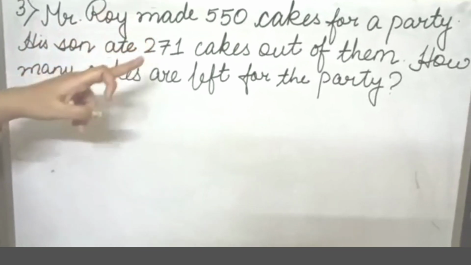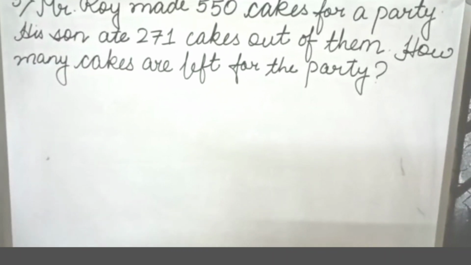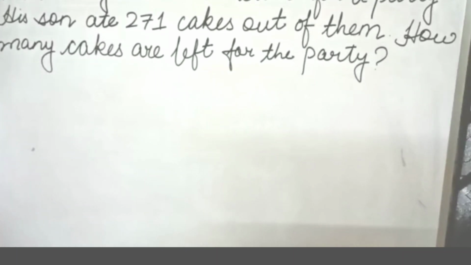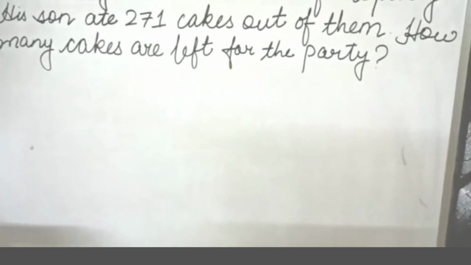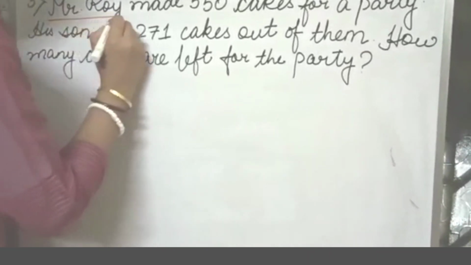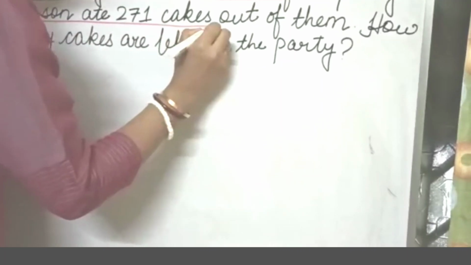Mr. Roy made 550 cakes for a party. His son ate 271 cakes out of them. So how many cakes are left for the party? First underline the given information, that how many cakes he had made and how many cakes his son ate.